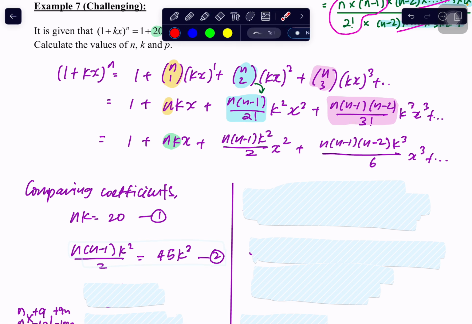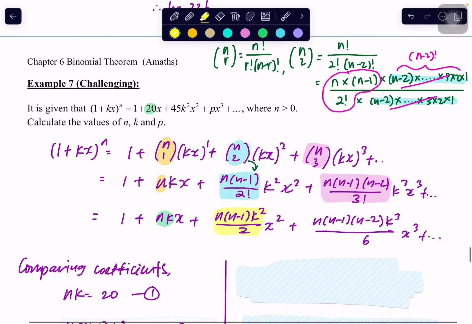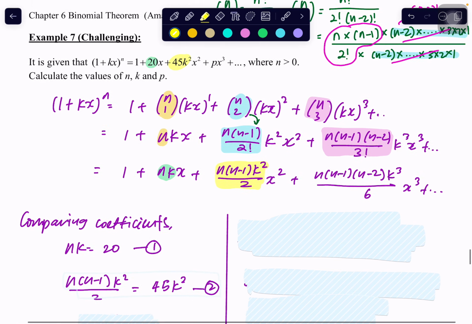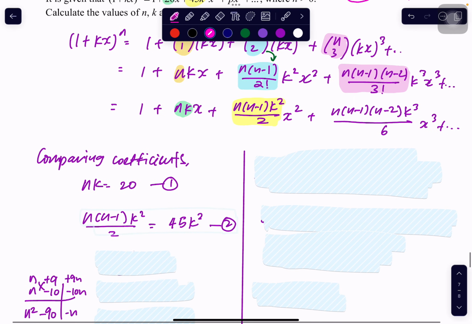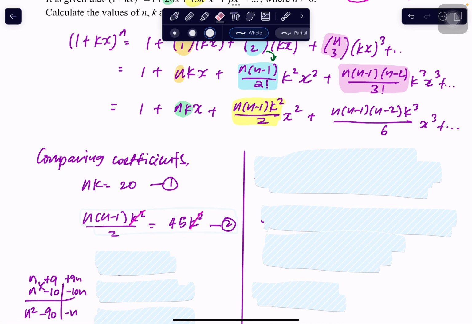Equation number 2, we obtain by concluding that the coefficient of the x squared term equals 45k squared. Dividing both sides by k, n times n minus 1 over 2 equals 45.